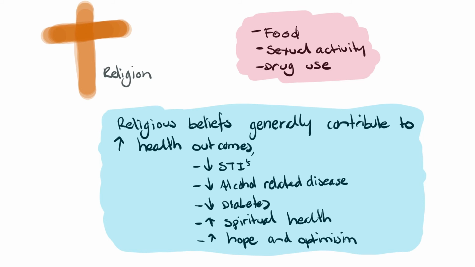So you can see here that overall religion generally has that ability to increase our health outcomes, but also to encourage people who do have a religious belief to make positive health decisions in relation to the food that they eat and the lifestyle behaviours in which they engage in.